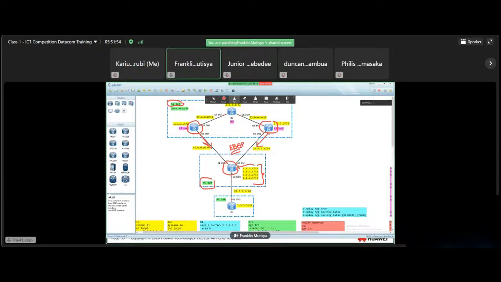So once these routes get to AS 123, this router and this router are going to advertise that route to this site. I hope that is clear.